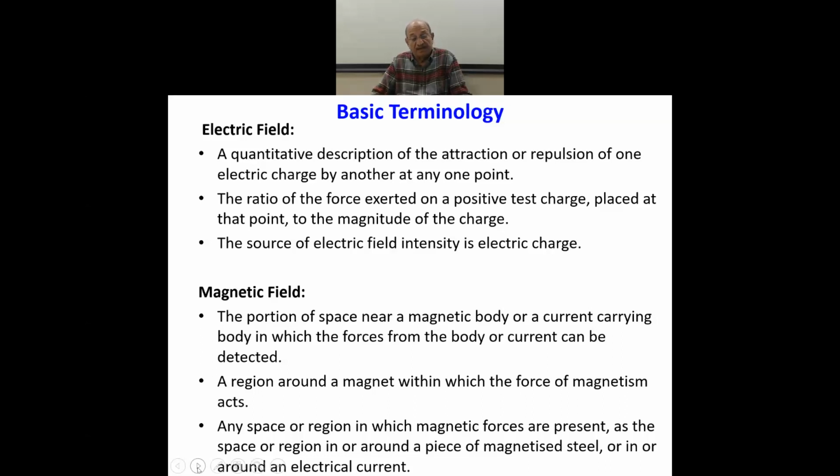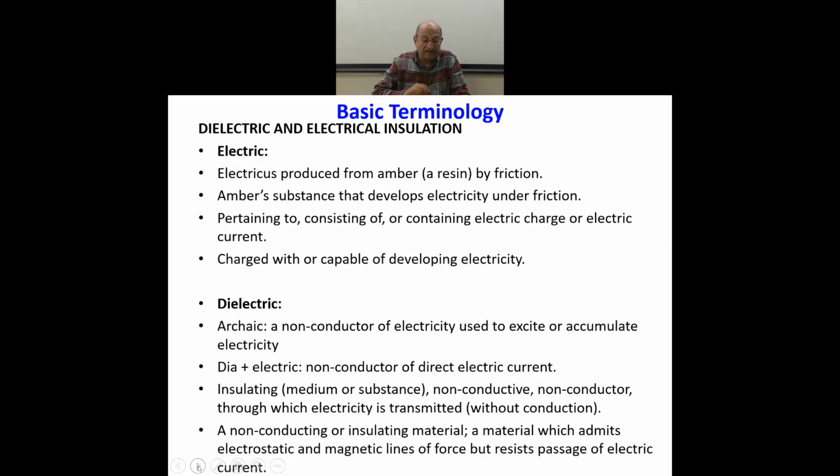That means the magnetic field is built with the help of flow of current. So that is the basic difference between electric field and the magnetic field. Electric field is the result of electric charge. Magnetic field is the result of flow of current.